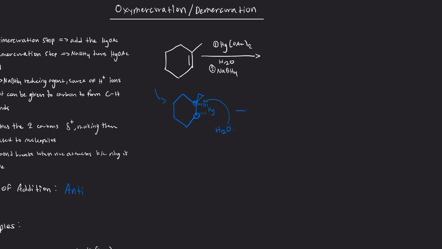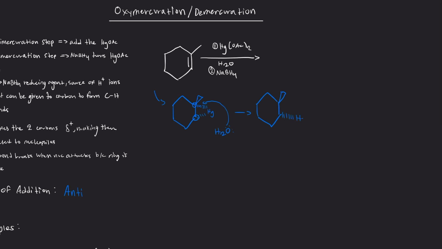And when we do that, the three-membered ring will break, and so your Hg will end up over here, and your OH will form a bond there. However, like I said earlier, this is anti-addition, so our water will not be on a dash, it will actually be on a wedge. So we can just put the OH here, and then our previous methyl group that was there, we'll just change that to a dash.